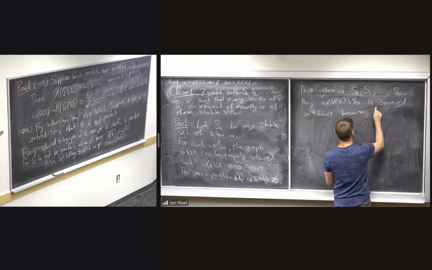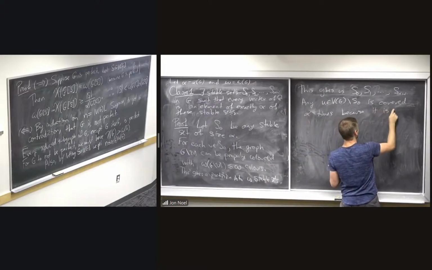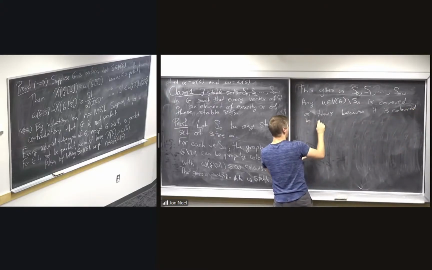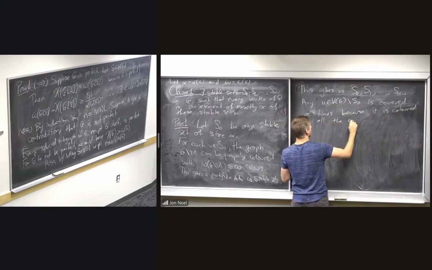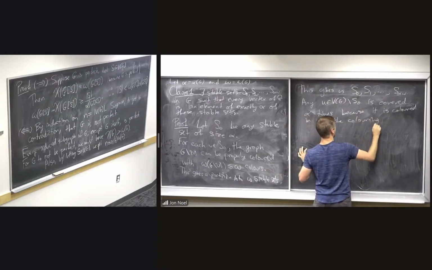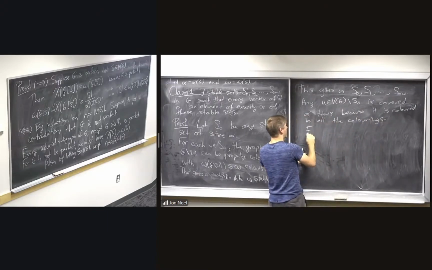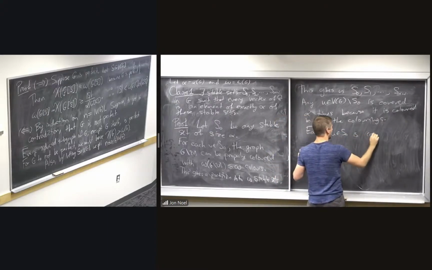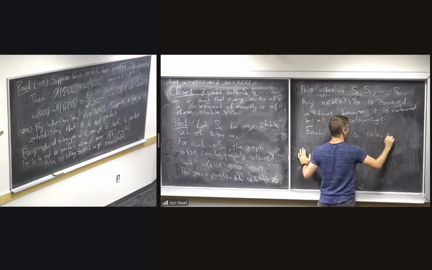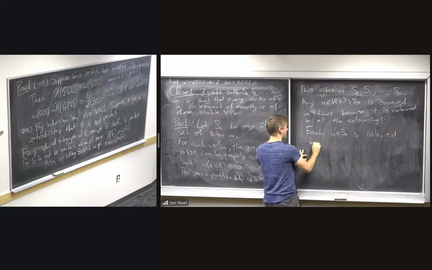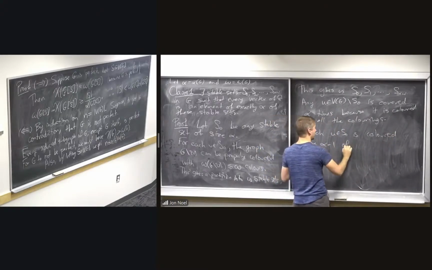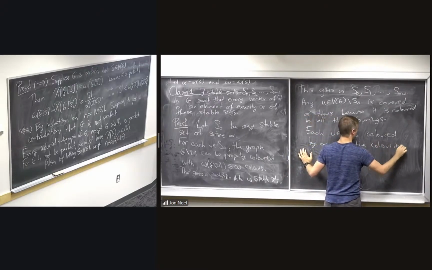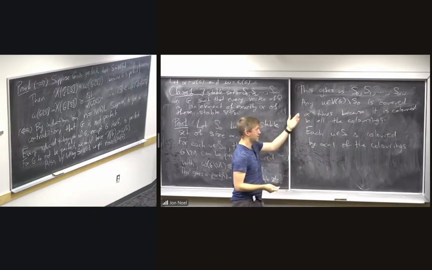So it is colored in all the colorings. And each U in S naught is colored by alpha minus 1 of the colorings, but it's also contained in S naught.